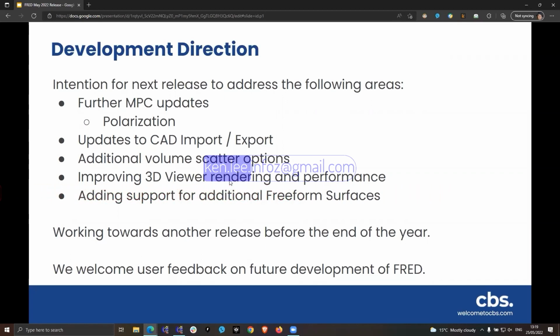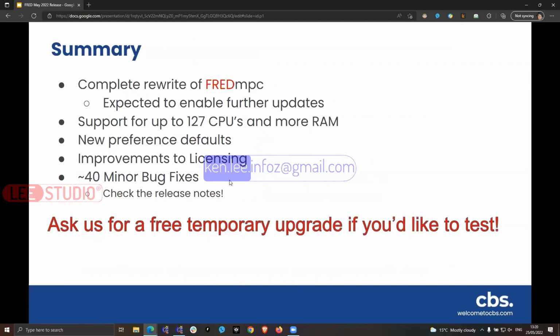So hopefully there will be 2 updates to Fred in 2022. That is currently the plan. And of course, we welcome your feedback on what you would like to see in Fred. So for those of you that have any ideas, please get in touch with us and let us know, and we're happy to pass those ideas on and try to get them on the development roadmap.